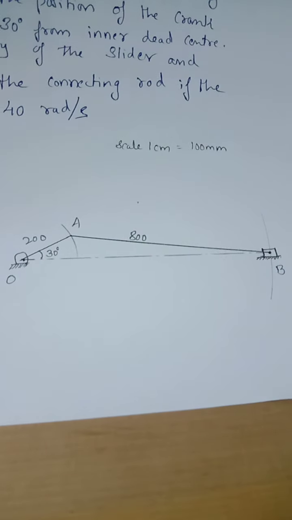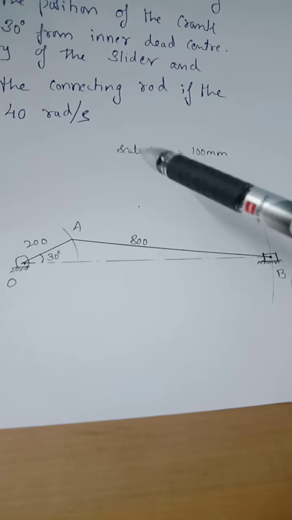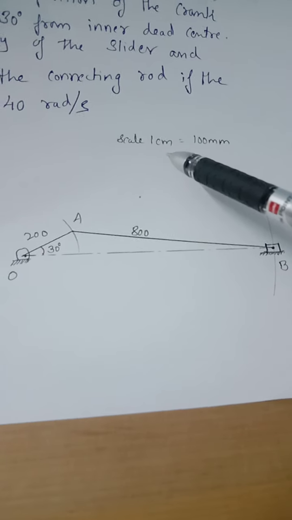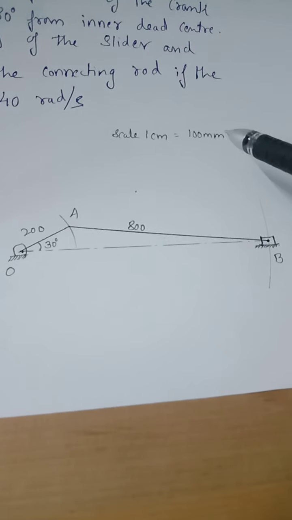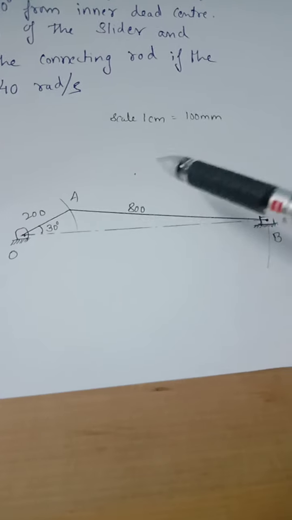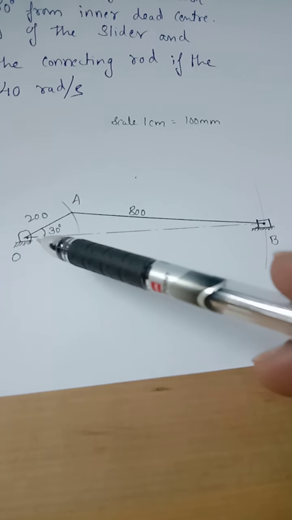Now for the same problem, the scale is taken as 1 centimeter equal to 100 mm, and after that the configuration diagram has been constructed.